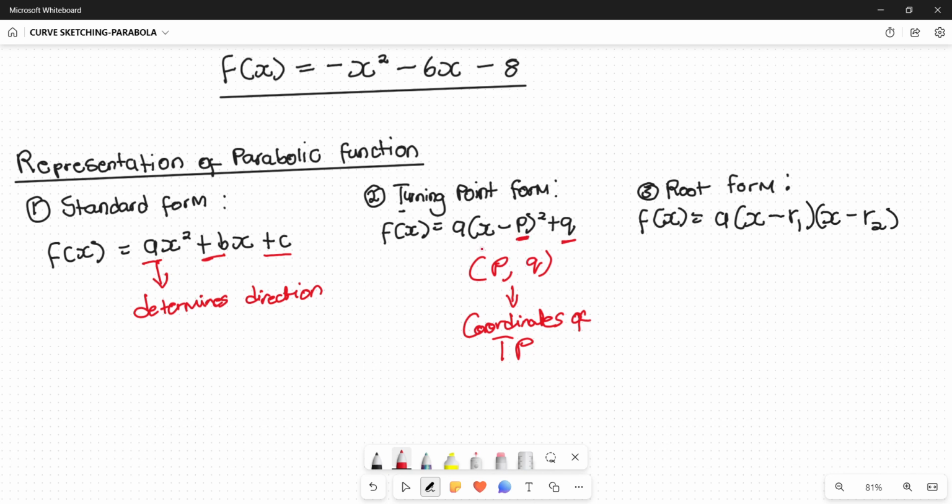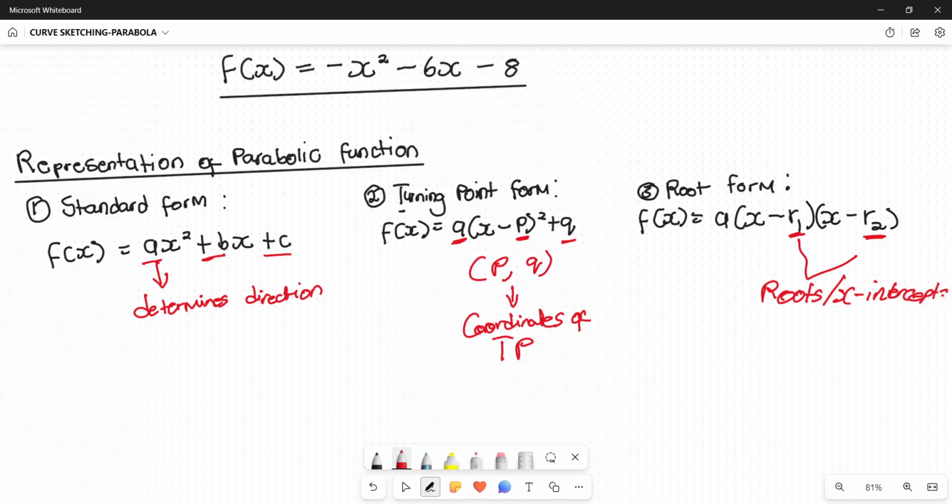Just like the standard form, a will also determine the direction of our parabola. And lastly we have the root form, whereby f of x equals to a into x minus r1 multiplied by x minus r2, whereby r1 and r2 are the roots, or we can call them the x-intercepts.